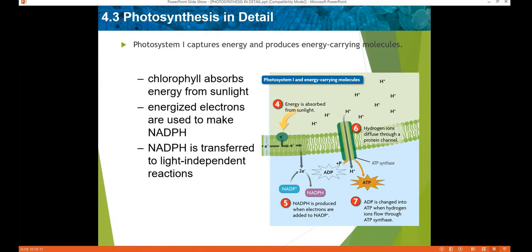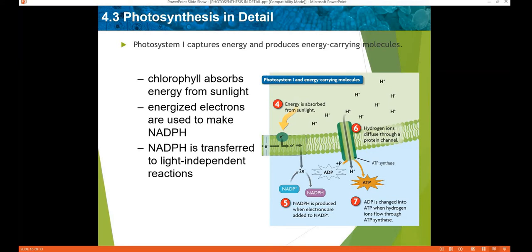The production of ATP depends on the hydrogen ions that build up inside the thylakoid from photosystem 2 and on a complex enzyme in the thylakoid membrane. So in step 6, hydrogen ion diffusion takes place. Hydrogen ions flow through a protein channel in the thylakoid membrane.